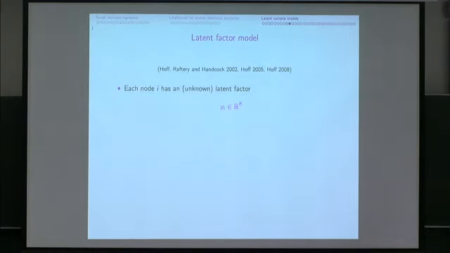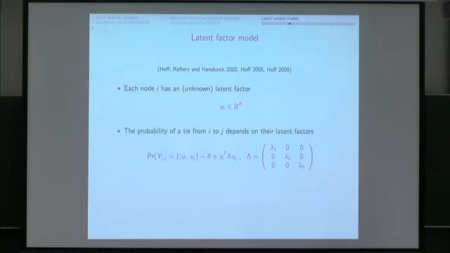So finally, there's this model, the latent factor model, a version of which appears in this paper along with the latent distance model, but then I've worked more on it after that. And the idea here is that each node i has an unknown latent factor, and basically it looks like a factor model. So the probability of a tie between two nodes is like the inner product of these latent factors.